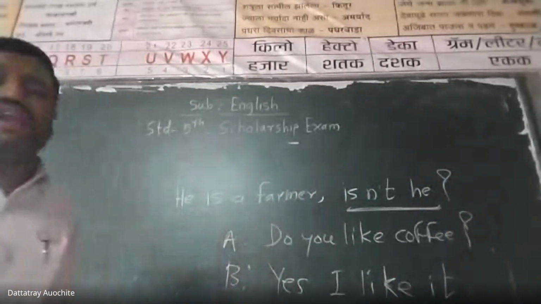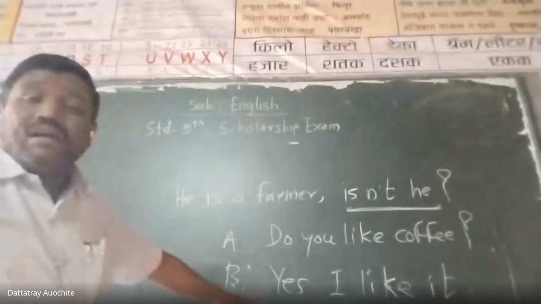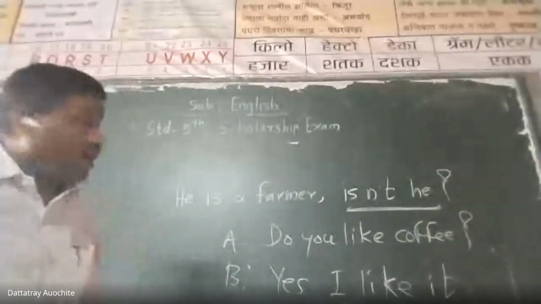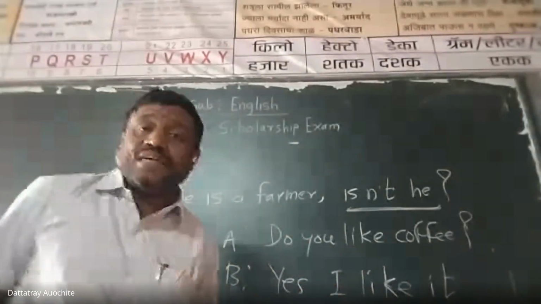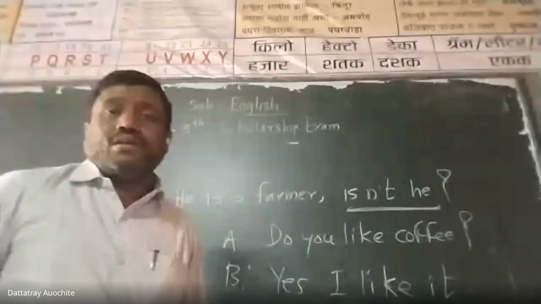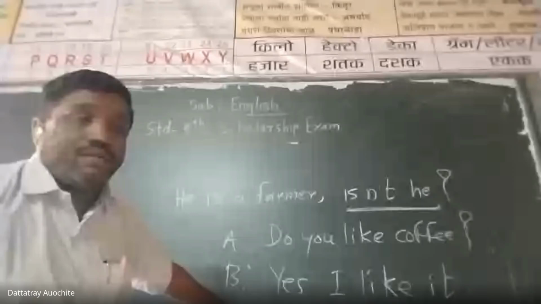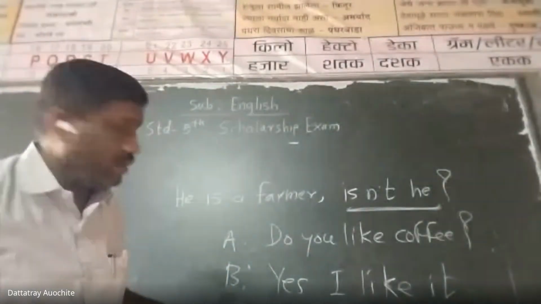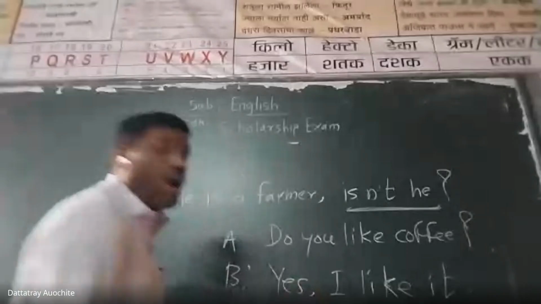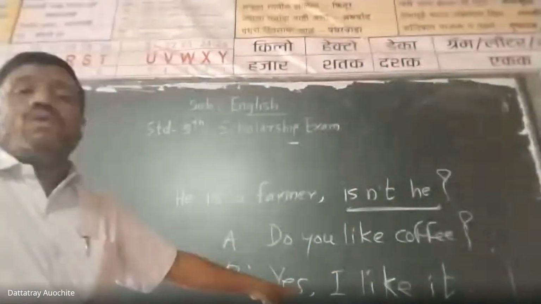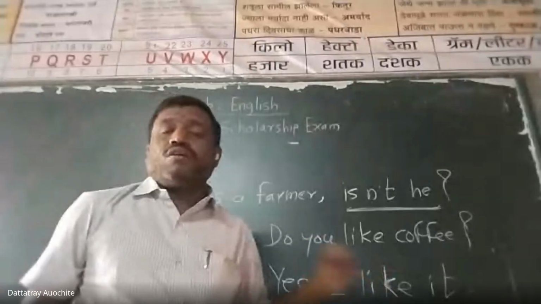This is his reply. Yes, I like this. Or no, I don't like it. It may be his reply. So, in this reply to a verbal question, after yes or no, we should add a comma.